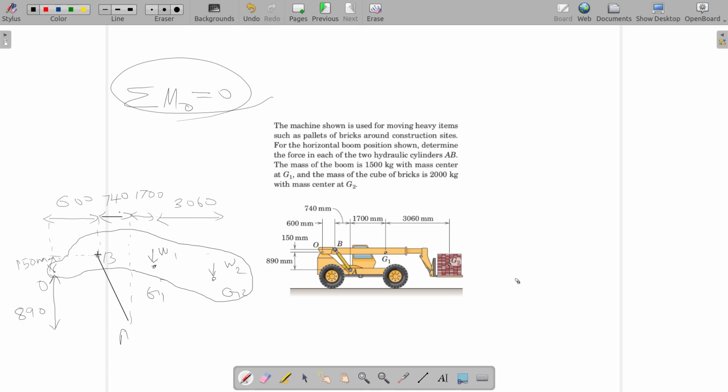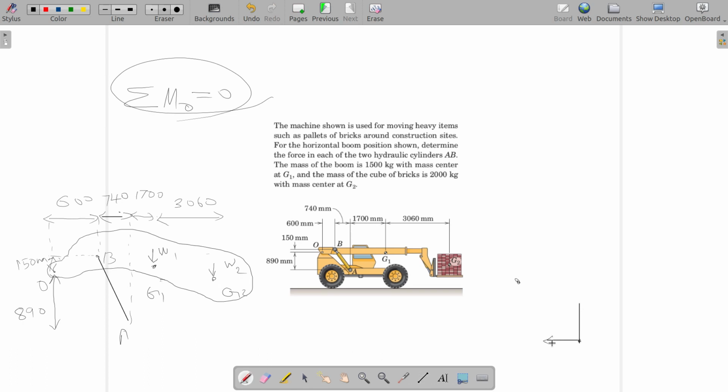there is this member force from AB. So I can split it into two parts, one vertical and one horizontal.